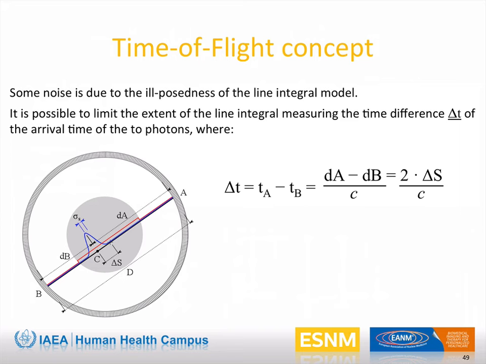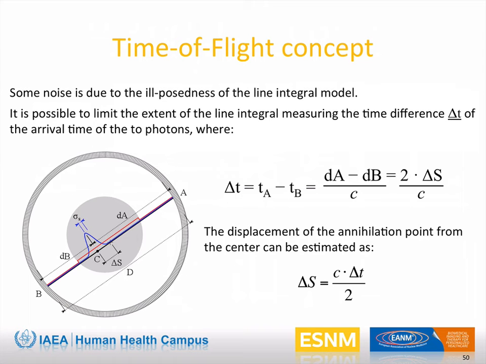Or delta t can be equal to 2 times delta s divided by the speed of light c, where delta s is the displacement of the annihilation point from the center, as shown in the picture. Inverting the previous equation, delta s can be estimated as delta s equal to c times delta t divided by 2.